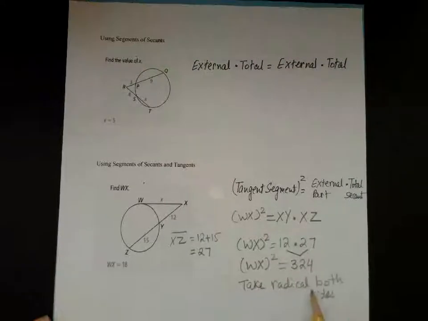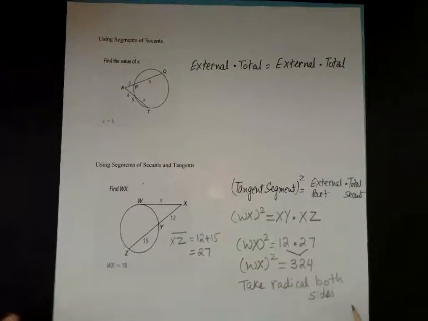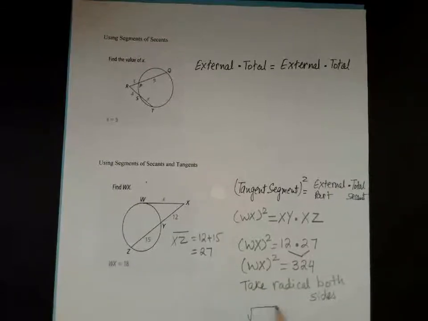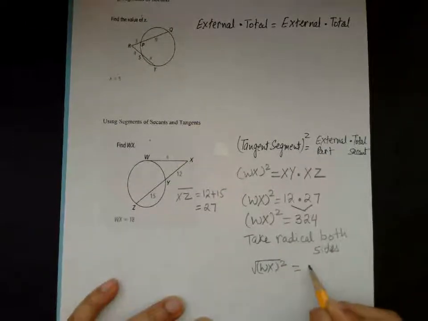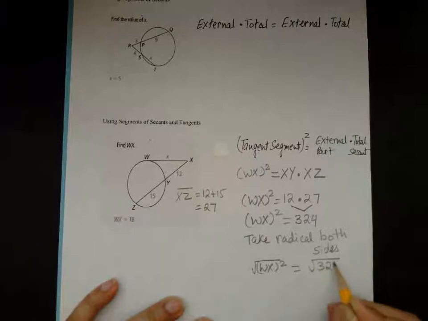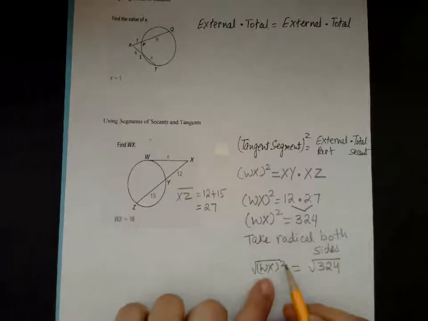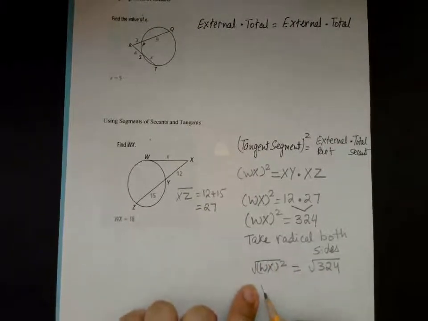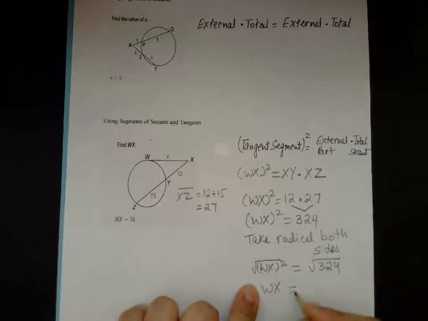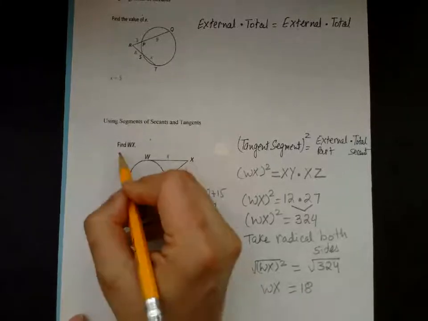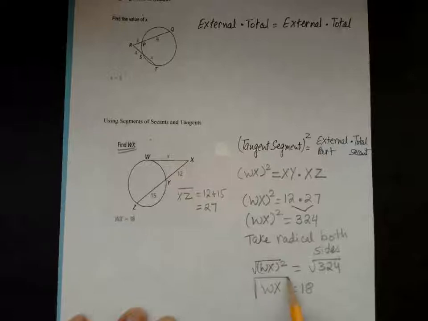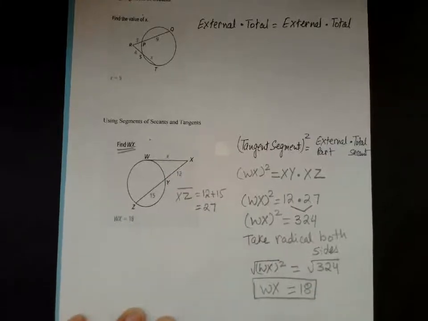So WX squared is equal to radical of 324. Radical of WX squared is nothing but WX, and radical of 324, if you plug it in your calculator, you will get WX is nothing but 18. So, got the answer. WX is equal to 18.